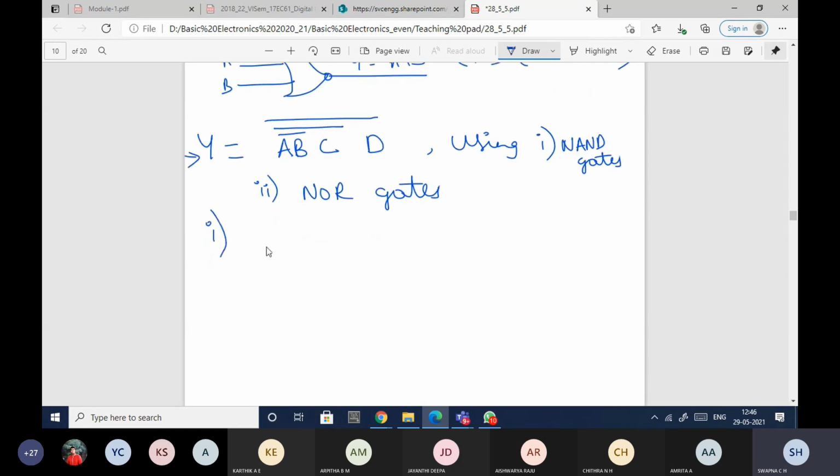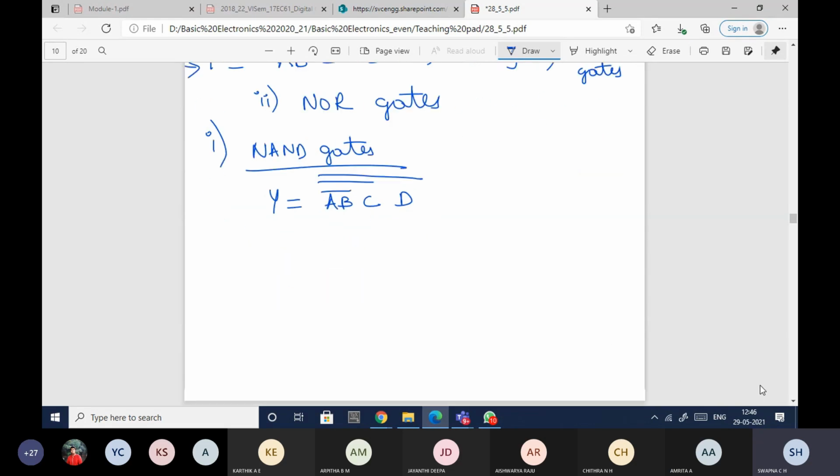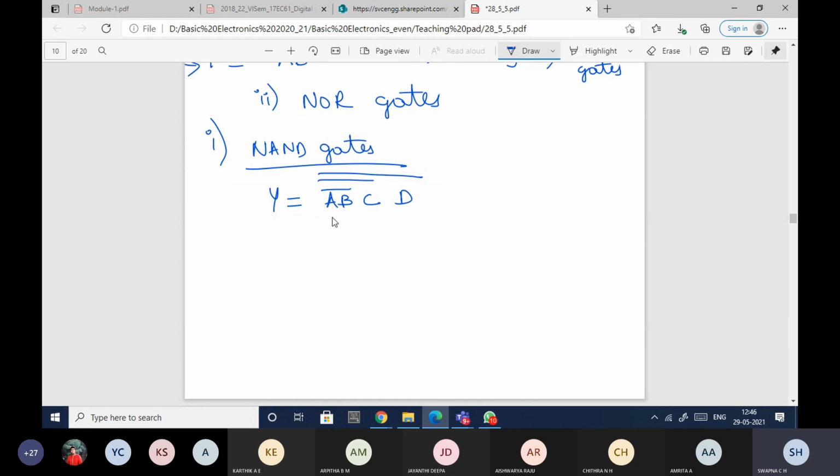So first one, NAND gates. What is the expression you have? Y is equal to A B complement C complement D complement. Check whether it is in the required form: A dot B complement.